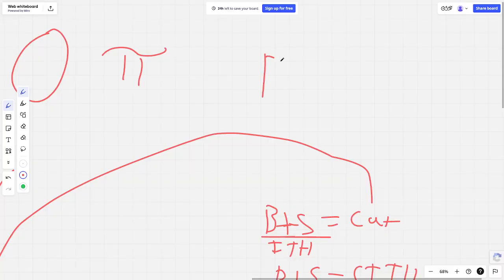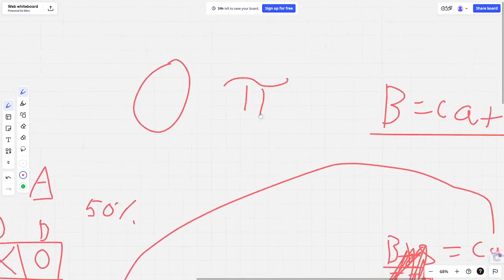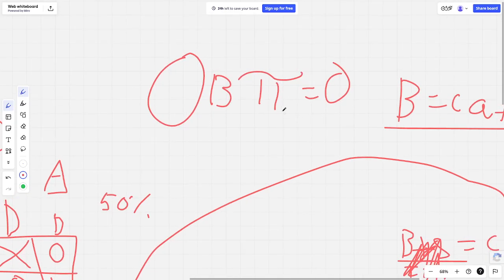And we know b pi equals cat. So now b pi equals a circle.